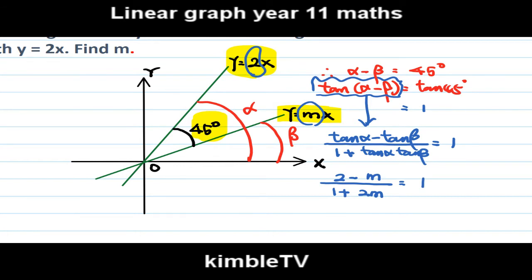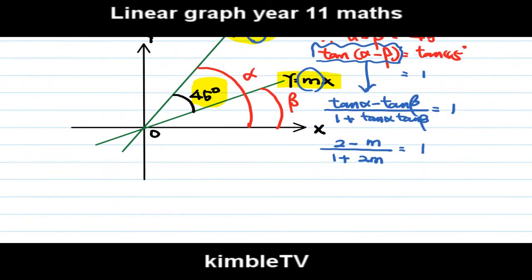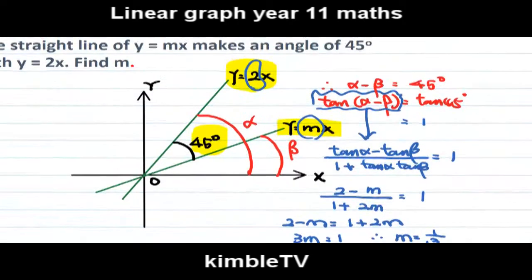Equals 1, because tan 45 is 1. Therefore, 2 minus m equals 1 plus 2m. 3m equals 1. Therefore, m equals 1 on 3.